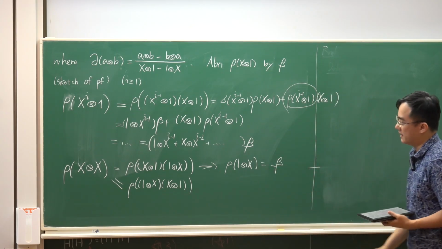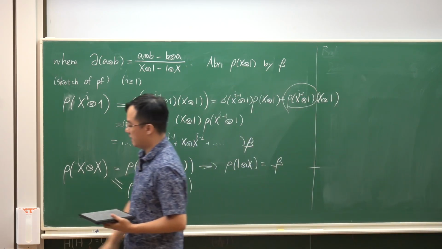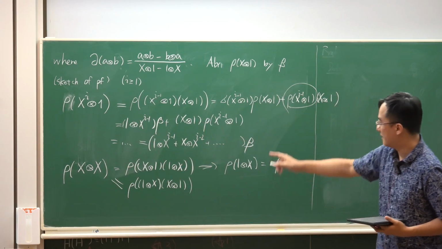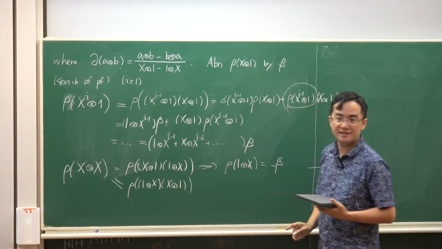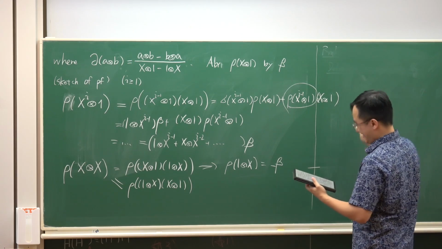And so you can then deduce a general formula for an arbitrary element of this form. So this is uniquely determined by the value on x tensor 1. Okay, so I hope this part is easy.